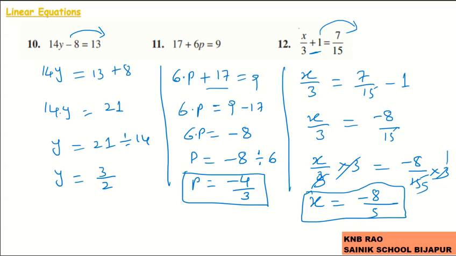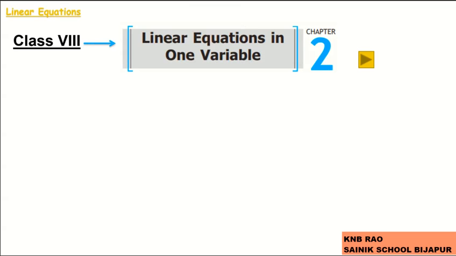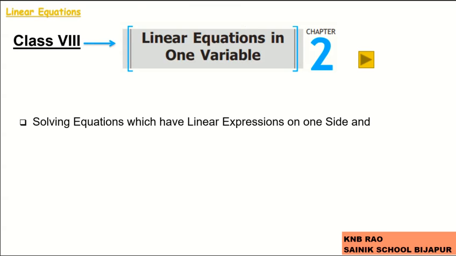Now students, in class 8th, in this chapter we solved equations which have a linear expression on one of the sides and a number on the other side. So this is the exercise 2.1.